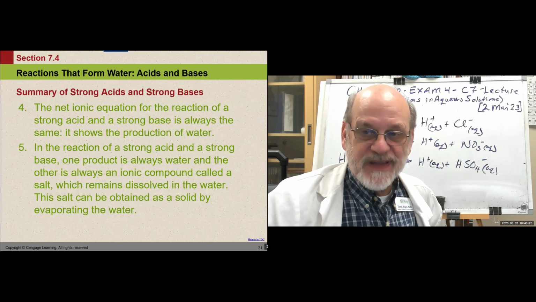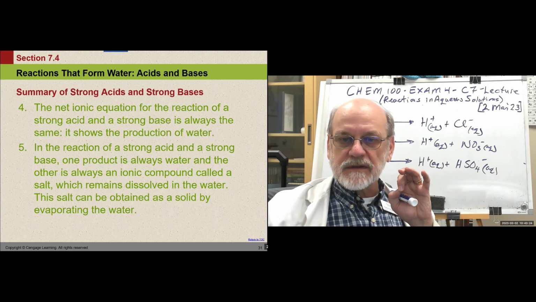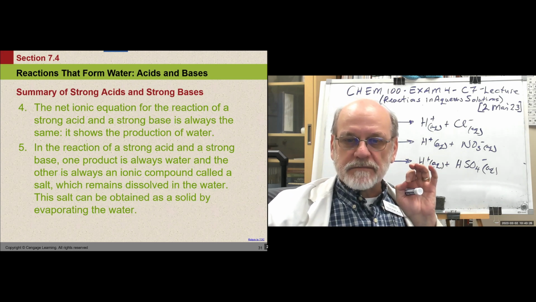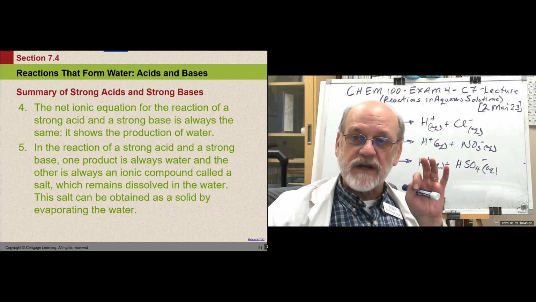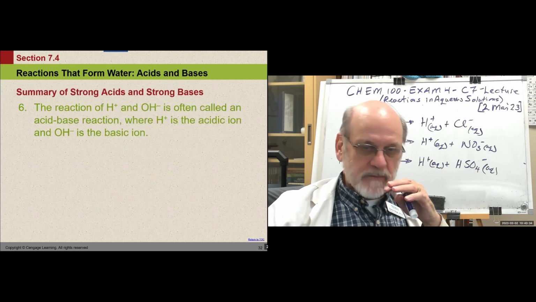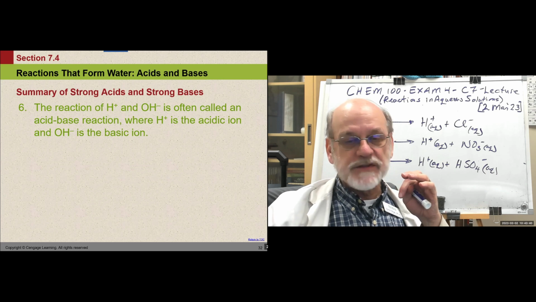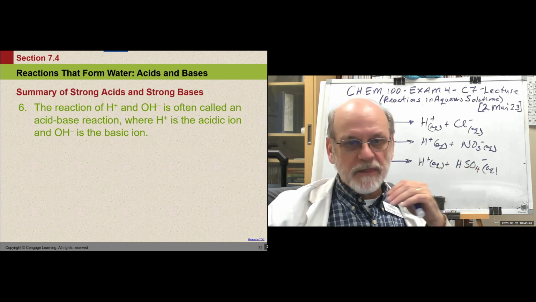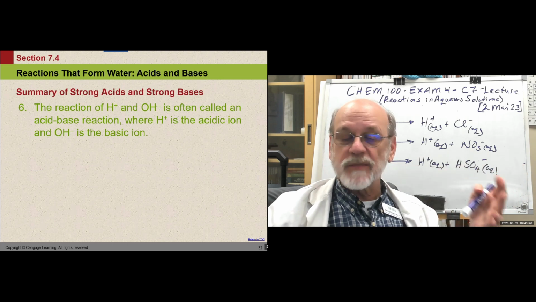This is just reiterating. When you react an acid with a base, particularly strong acids with strong bases, you always get a salt and water. This is called an acid-base reaction. No matter what the source, hydrogen ions and hydroxyl ions react together to make water.